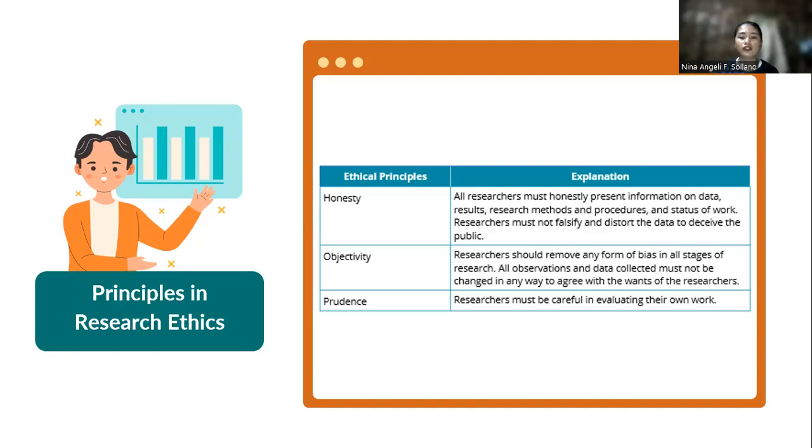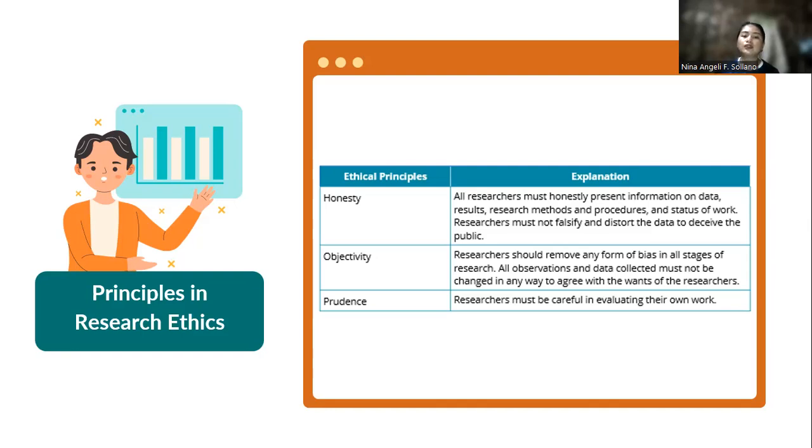So in research, you must honestly present your information or data. You should not falsify or distort data to deceive the public. So we will be able to know if your research study is really on your own when you are having your defense. So make sure that you are honest to yourselves.